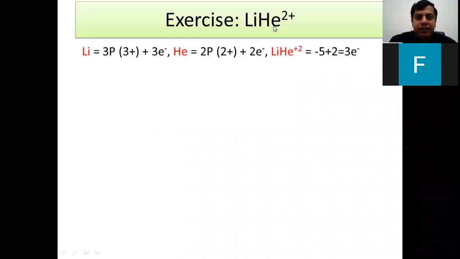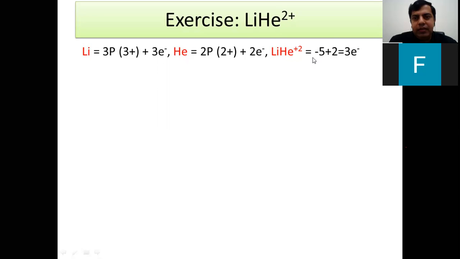So in case of the lithium helium ion, the charge is +2. The lithium has 3 protons, that means 3 positive, and of course it has 3 electrons, because protons and electrons are the same in number for a neutral element or molecule. And in case of the helium, there are 2 protons, +2 charge, and 2 electrons, -2 charge.